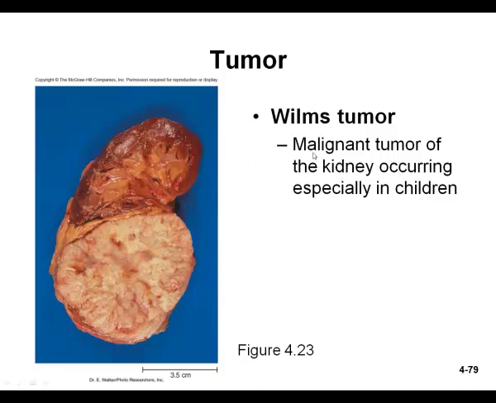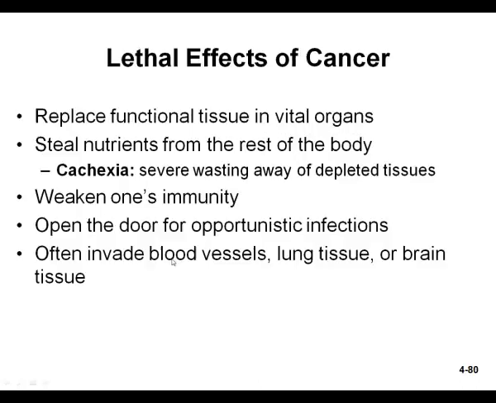That's a malignant tumor of the kidney, and that occurs in children. It's just an example. You don't necessarily have to know these details about cancer. This is a physiology course, not necessarily an oncology course. The lethal effect can lead to cachexia, can invade tissues like the brain or the liver, and therefore those tissues will stop functioning.